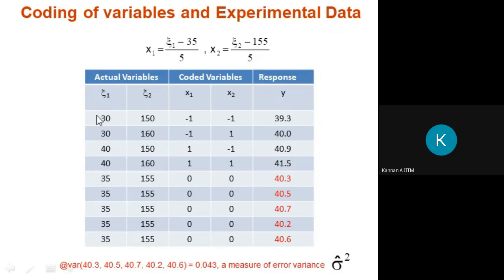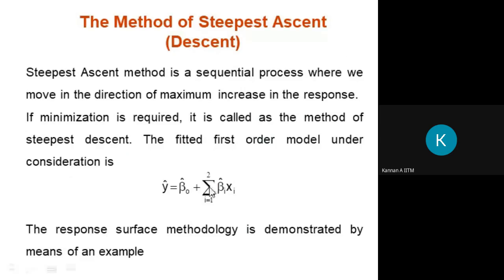So rather than writing 30 and 150, 40 and 150 and all that, I want to tell a very important thing. When you are writing a model, beta hat naught plus beta 1 x1 plus beta 2 x2, we sometimes can jump to conclusions. If beta 1 is 100 and beta 2 is 2, then we'll think that beta 1 is more influential, or x1 is more influential than x2.